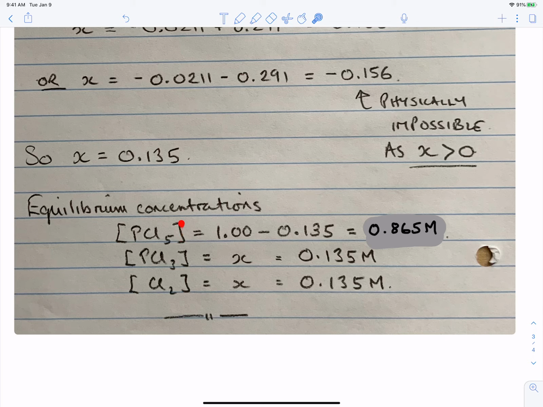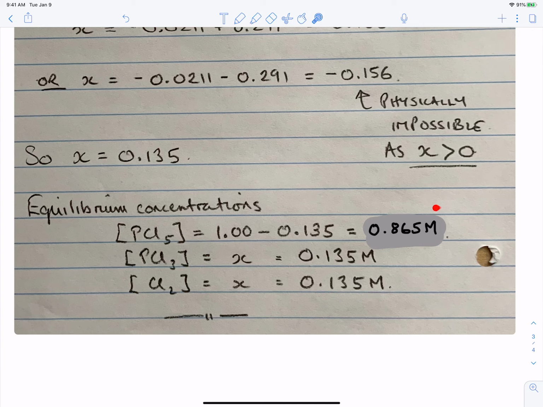So for PCl5 it was 1.00 molar, the initial value, minus the value of x, which was 0.135, gives us a final equilibrium concentration of 0.865 molar. And PCl3 at equilibrium had a concentration of x, which is 0.135 molar, and chlorine gas at equilibrium also had a concentration of x, which is also 0.135 molar.